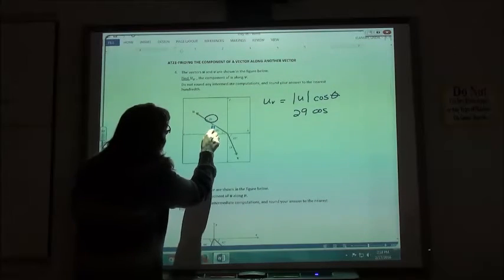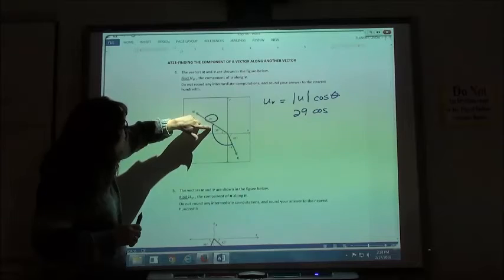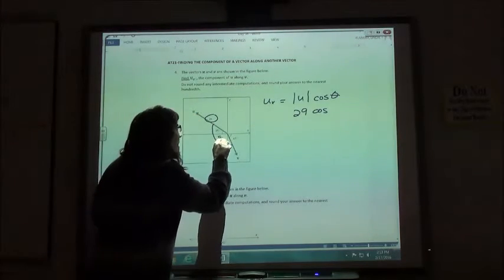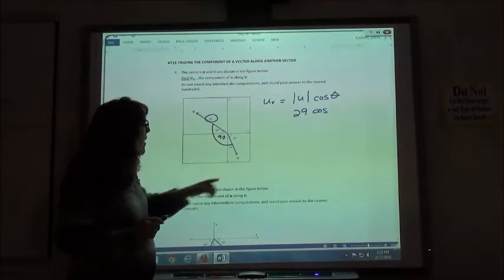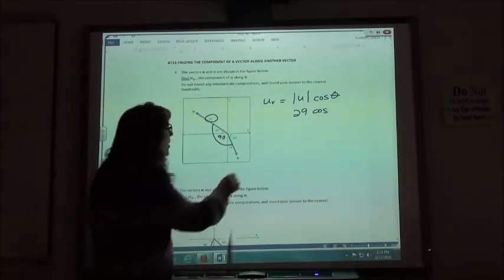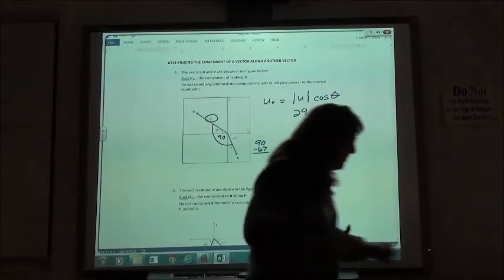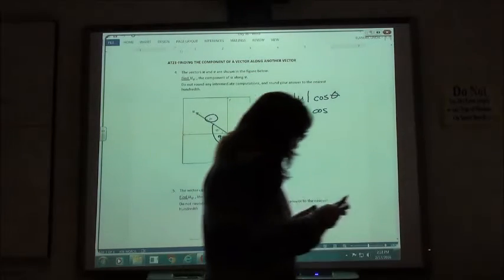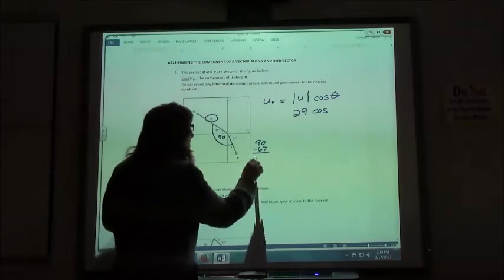Now we want the angle between here and here. We know this little section is 35. We know right here is going to be 90. We still need to find that little section in there. Since that's a right angle, I can take 90 minus my 67 to find that angle. 90 minus 67 is 23.